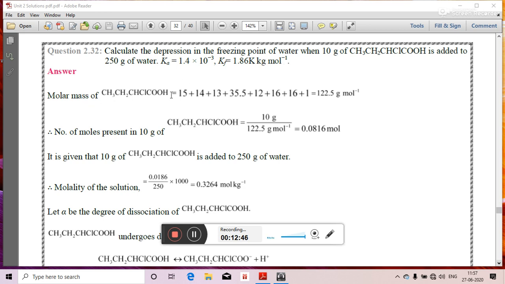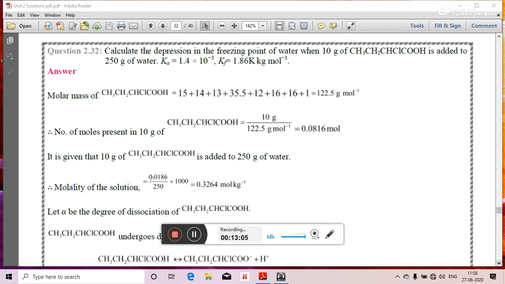First of all, the molar mass of the solute is 122.5 gram per mole. Therefore the number of moles present in 10 gram of solute is equal to 10 upon 122.5, that is 0.0816 moles.